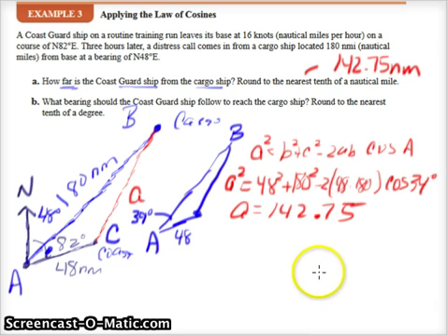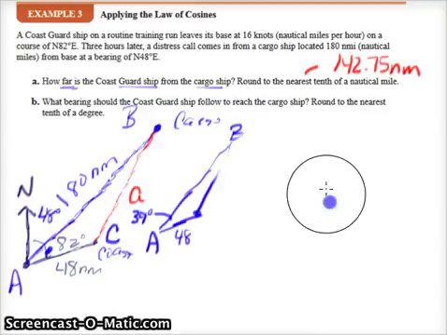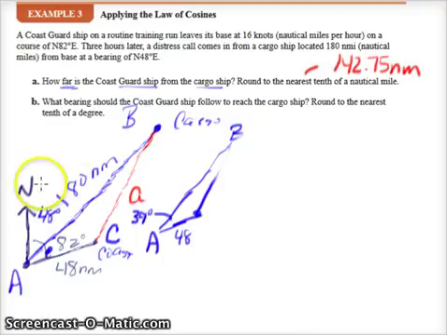All right, now we have to answer part B. Well, the question is can I find the angle? This is where we got stuck before. I need to find the bearing.